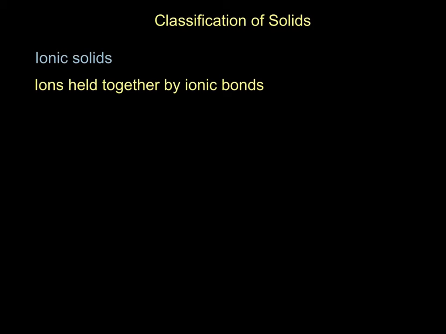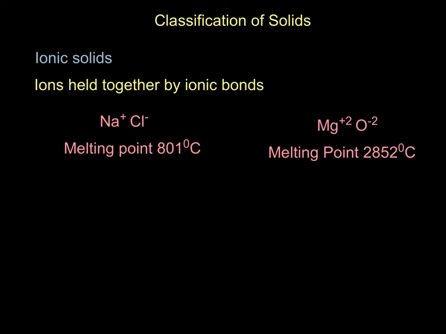The third type of solid we'll look at are ionic solids, which are ions that are held together by ionic bonds. The strength of the bond is going to depend on the charge of the ion. For example, sodium chloride, sodium having a +1 charge and chloride ions having a -1 charge, is going to melt at 801 degrees Celsius, while magnesium oxide, whose charges are +2 and -2, will melt at a whopping 2,852 degrees Celsius.